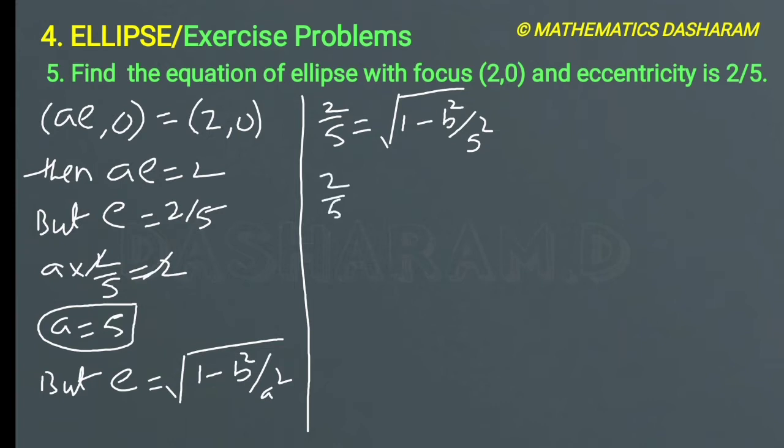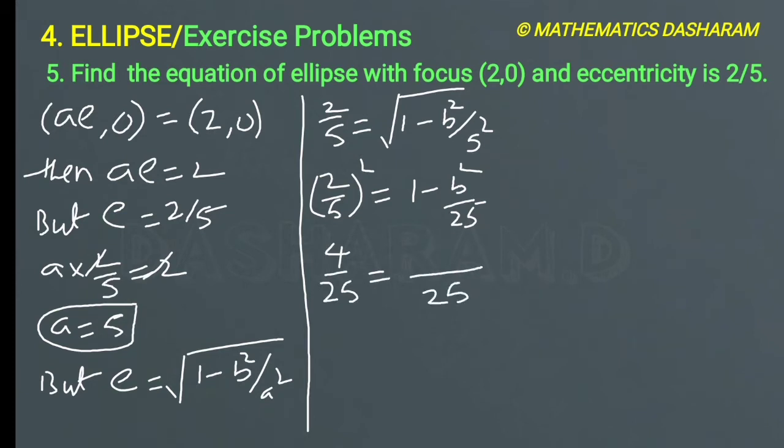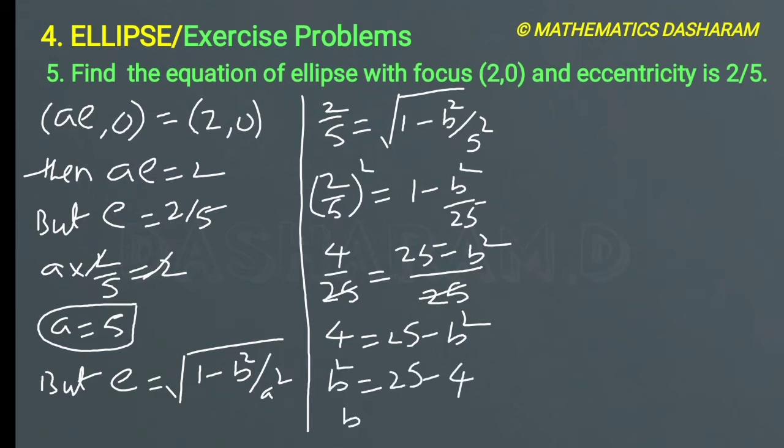So now (2/5) whole square equals 1 minus b square divided by 25. Here 2 square is 4, 5 square is 25. Let's take the LCM, 25 minus b square. Here 25 cancels, 4 equals 25 minus b square. Then b square equals 25 minus 4. b square equals 21.